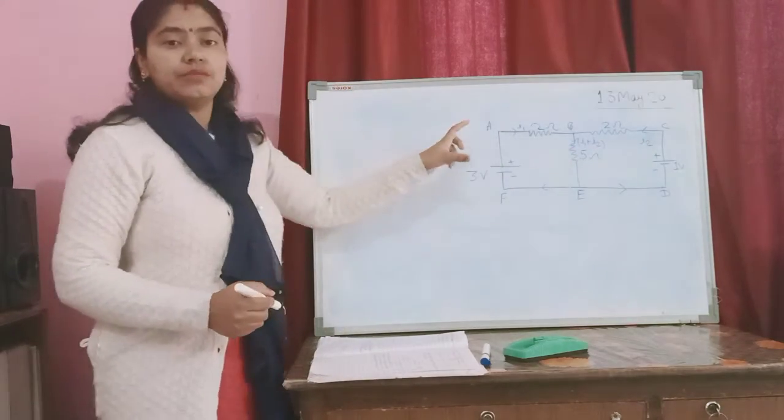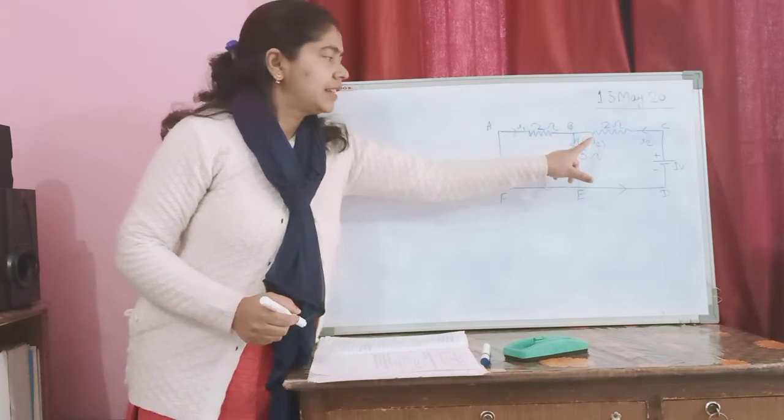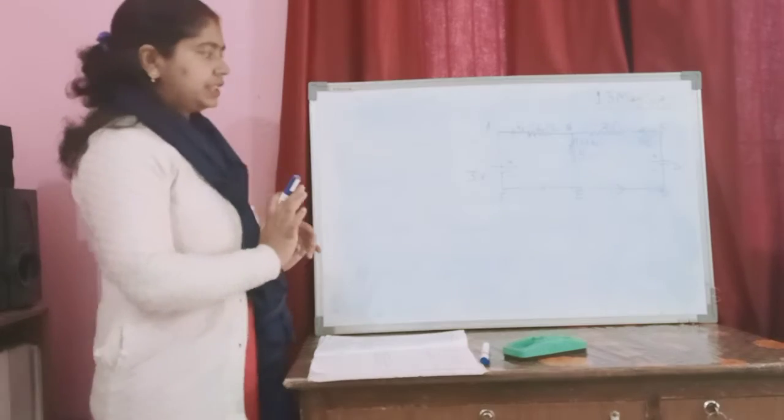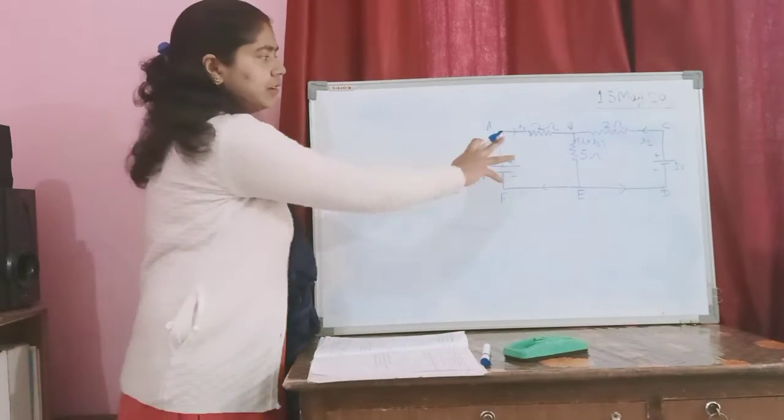In this problem we have to find the current along each resistance. How can we solve it? We can apply Kirchhoff's law to solve this problem.